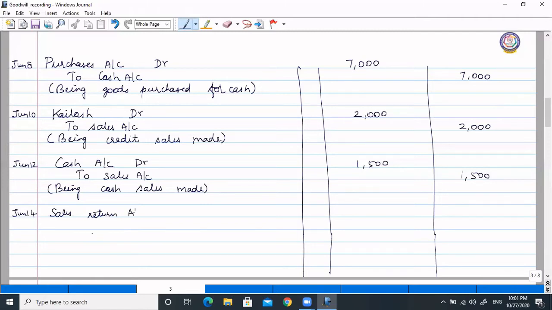And here, Kailash, the asset is decreasing. Okay, because whatever is the goods returned by Kailash, he need not pay for it, isn't it? So as a debtor in our books, his account decreases.